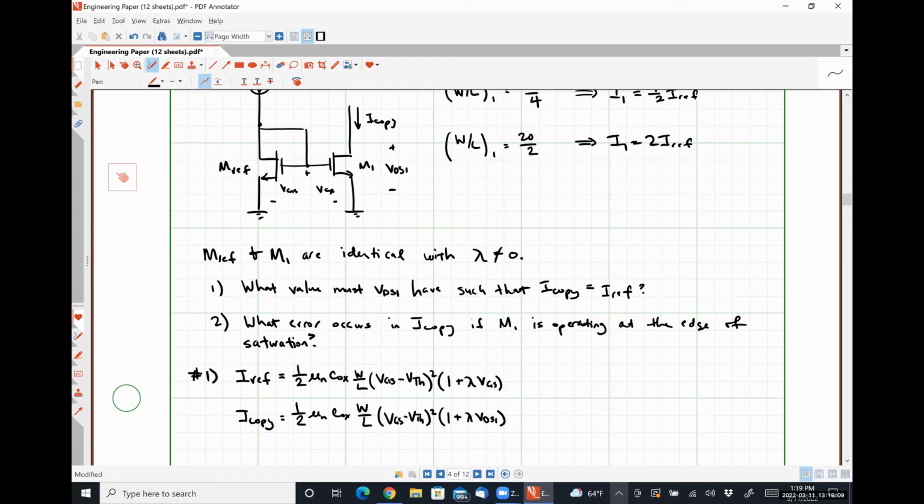So again, not a particularly difficult question. What value does VDS1 have to have to make these currents identical? VGS, right? If it's got a value that isn't that, there's error.